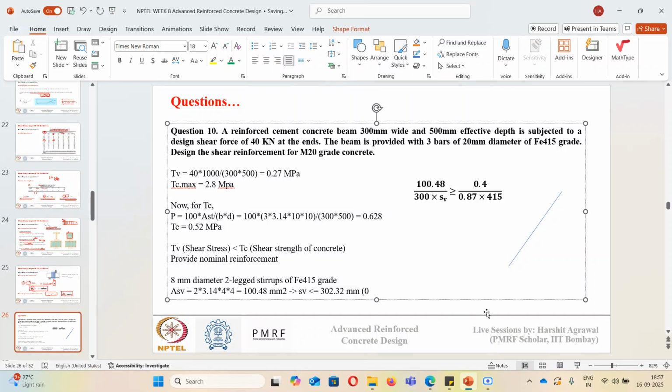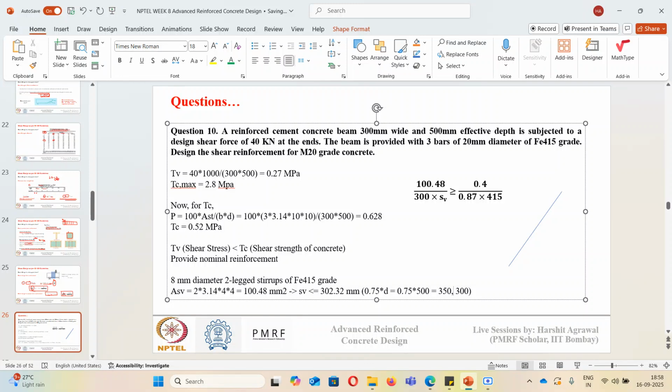Now we saw earlier, there are two checks for maximum spacing. One is 0.75 times d and one is 300 mm. My 0.75 times d comes out to be 0.75 times 500, which is 375.